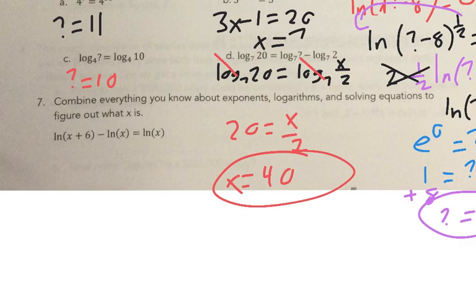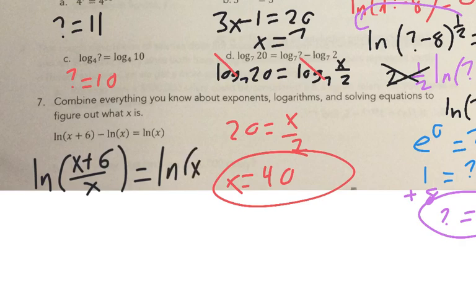You with me, Anthony? Left side, there's 2 logs. So I can't do anything until it's a single log. So could I rewrite that as a single log on the left? What would it be as a single log? Yeah. Logs being subtracted can be rewritten as division of the argument. Do you follow that?